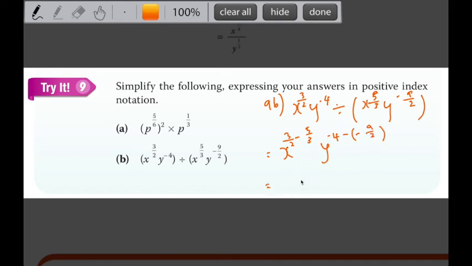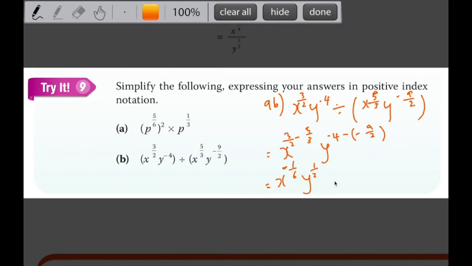So 3 over 2 minus 5 over 3, you will have negative 1 over 6. And for y, negative 4 plus 9 over 2, you will get half. But this is not in positive index notation.